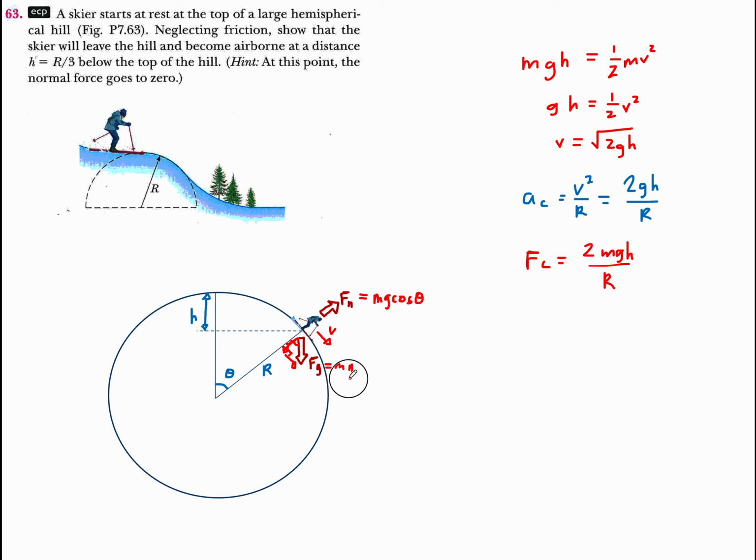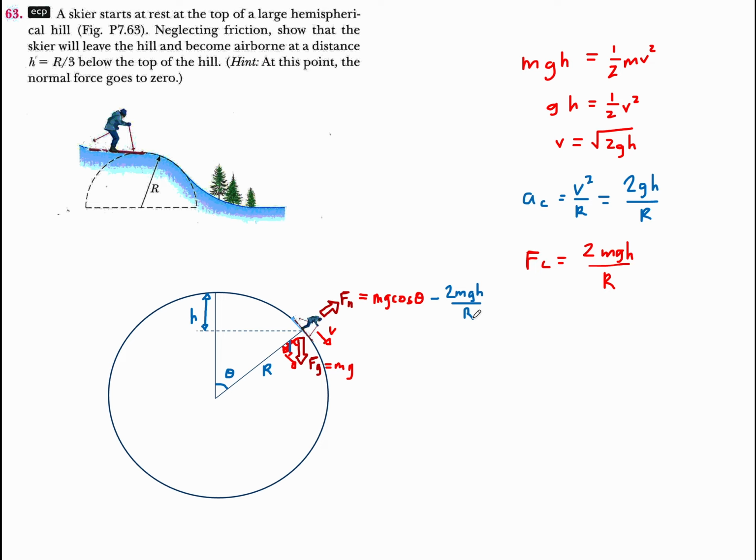But we've got this centripetal acceleration going on. So what's happening here? The normal force has to be smaller than this component down here to produce a net inward force. How much smaller does it need to be? It has to be reduced by that centripetal force, the force that we need. By subtracting this, the net inward force is going to be what I just wrote here in blue.